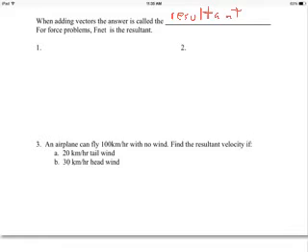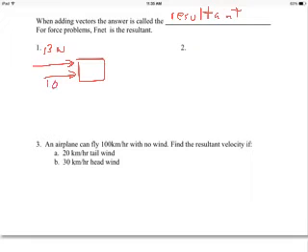But for example, you could have a box sitting on a floor, and two people are pushing on it. One person is pushing with a force of, say, 13 newtons. Newtons will be our metric units for force. And somebody else is pushing on it with a force of 10 newtons. What's the resulting force, the net force acting on that box?